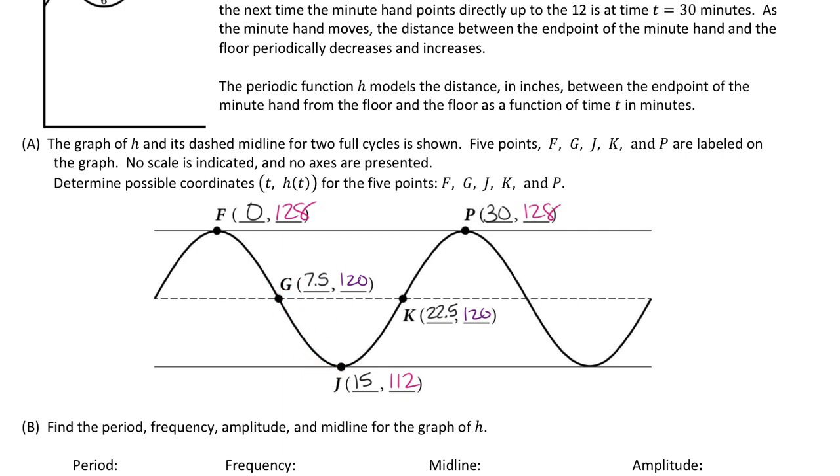Okay, here's some things I want you to recognize that we can now name. We now can name the period being 30. We double check that our period is 30. We can name that our midline is 120. We can now name that our amplitude is 8.